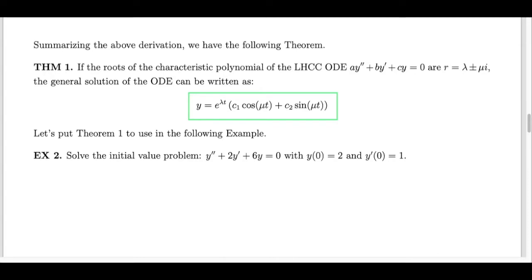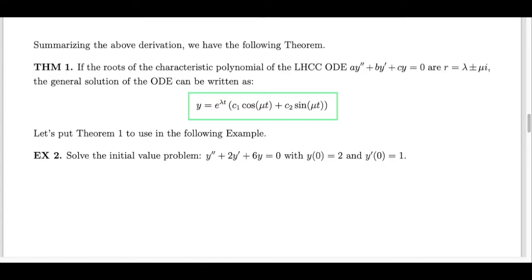This is the form that you have to memorize. This is the form that we're going to go to as soon as we find that our characteristic polynomial has complex roots. So from now on, instead of reworking all of those calculations I just did on the previous page, we can go directly to this form of the general solution.